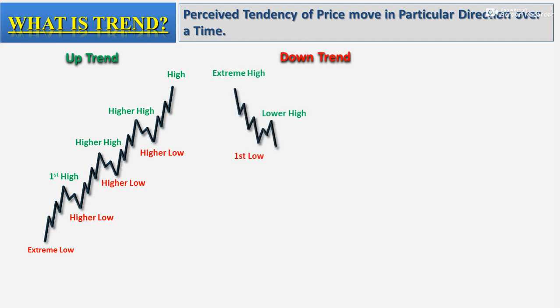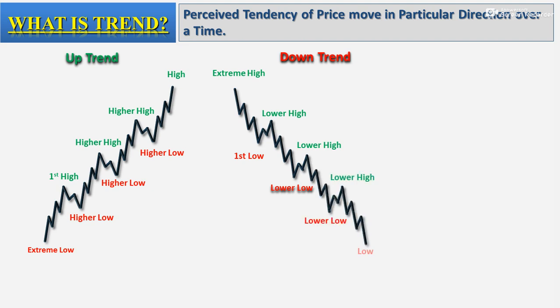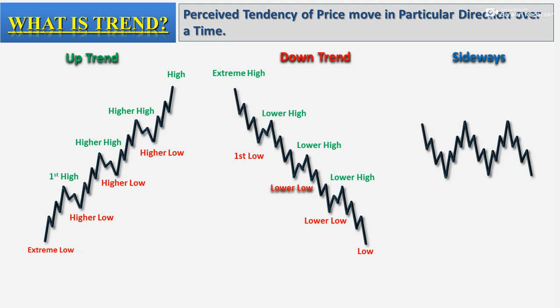The price move, starting from a particular extreme top towards the downside and creating a series of successive lower lows and lower highs, is called a downtrend. Sideways. The price move which starts from a particular bottom or top, but does not create a series of successive higher highs and higher lows, or a series of successive lower lows and lower highs, is called a sideways move or sideways trend.